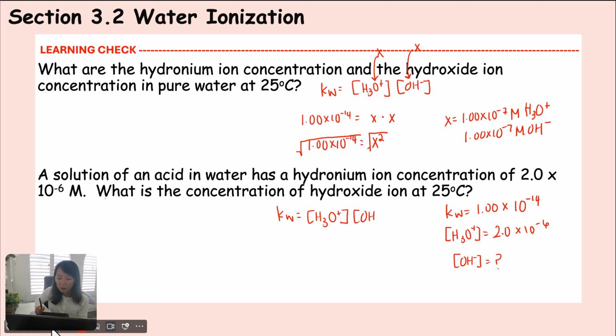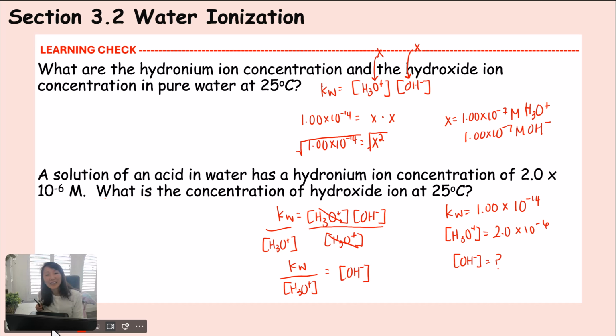We have the equation Kw is equal to hydronium times hydroxide. So let's go ahead and divide both sides by hydronium ion. So Kw over hydronium ion concentration is equal to hydroxide. Now we can add some values in and try to solve for hydroxide concentration.